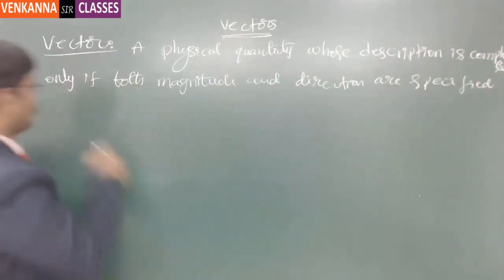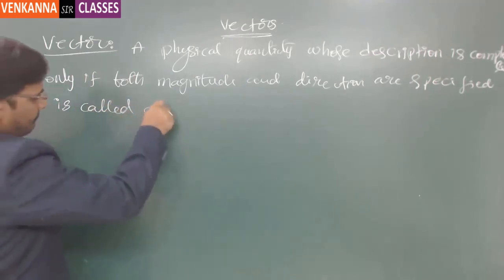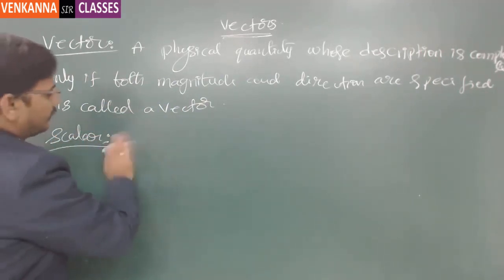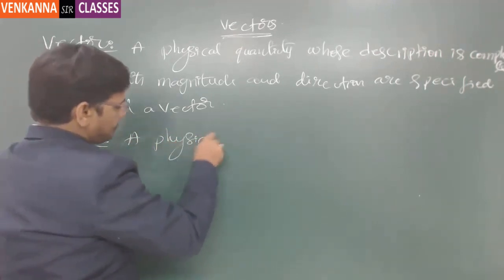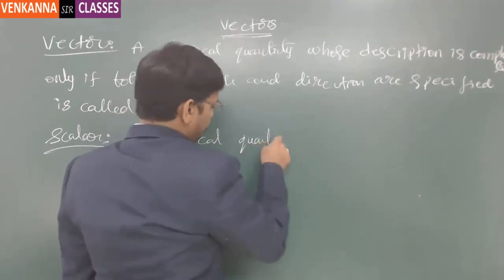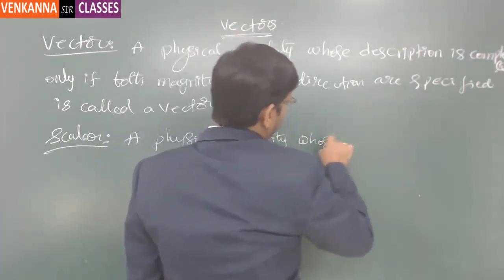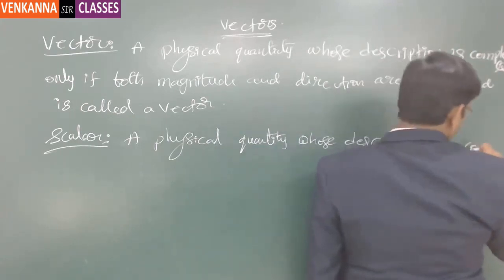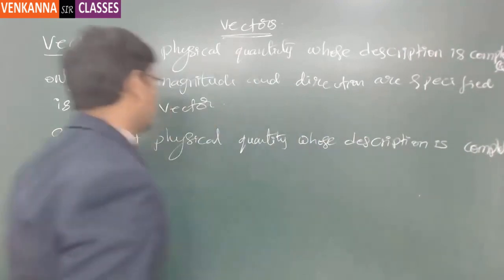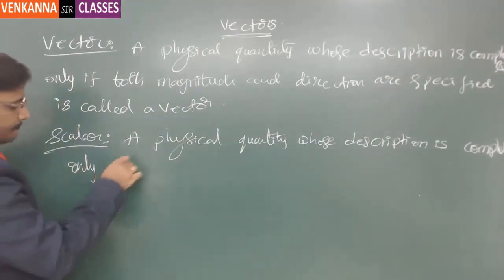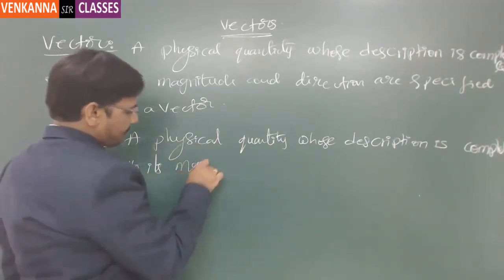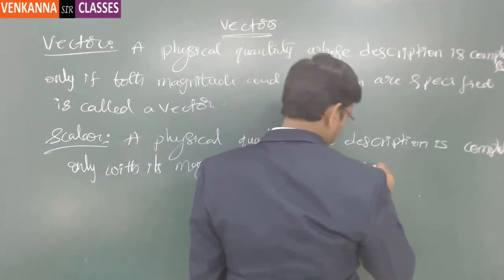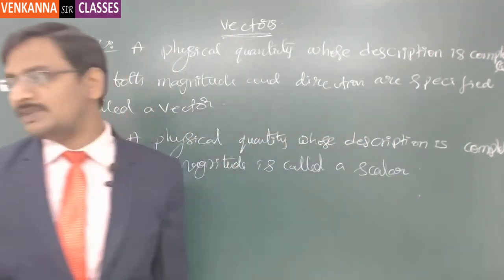And counter to that, a scalar is a physical quantity whose description is complete only with its magnitude. Right? So this is the difference between a vector and a scalar.